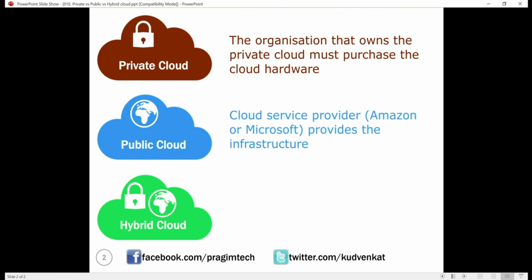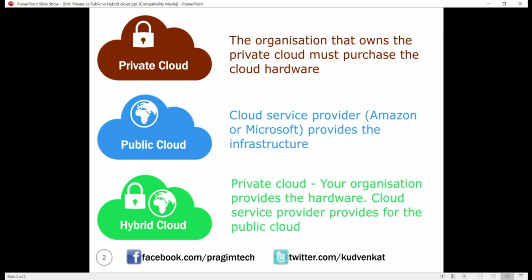Now, remember, a hybrid cloud is not a different cloud altogether. It's just that both the clouds, that is private and public clouds, work together to meet the organization's needs.